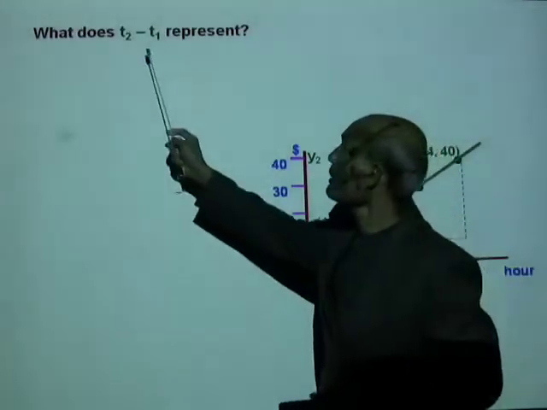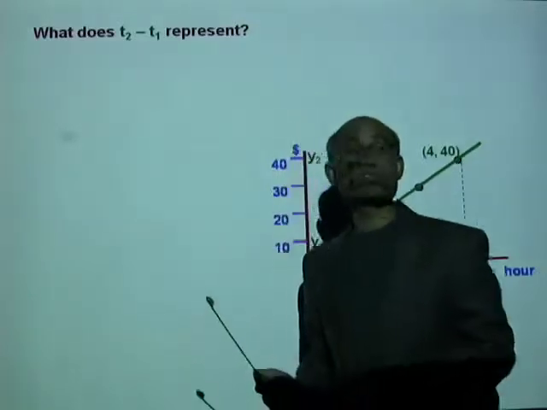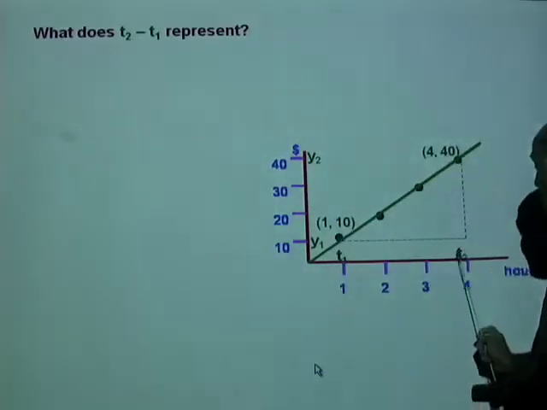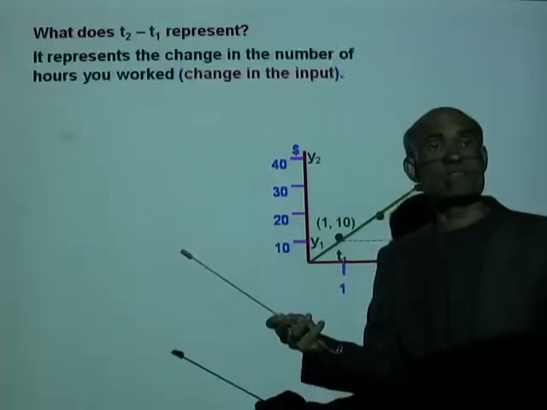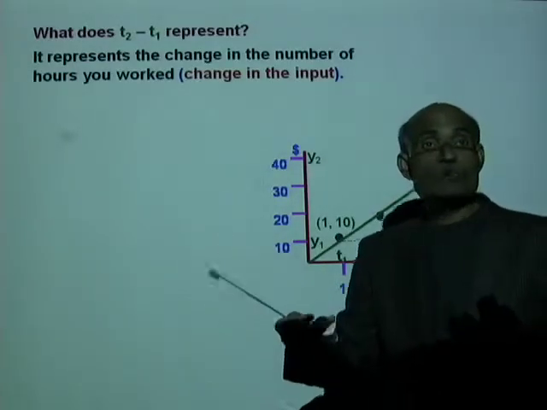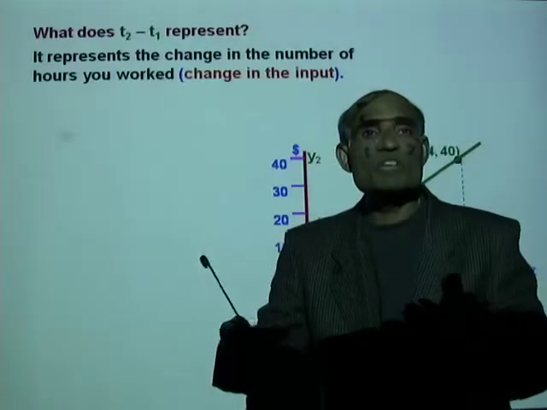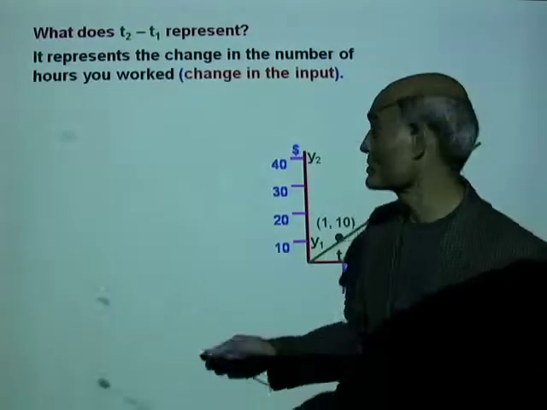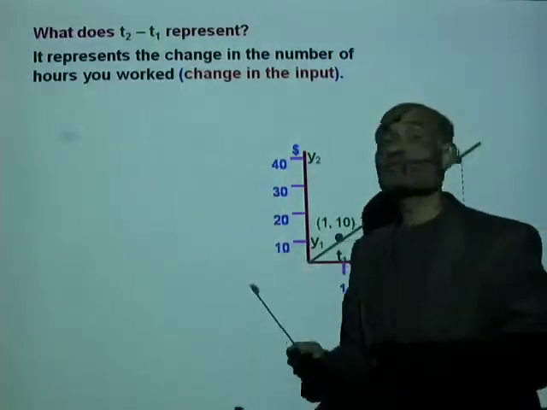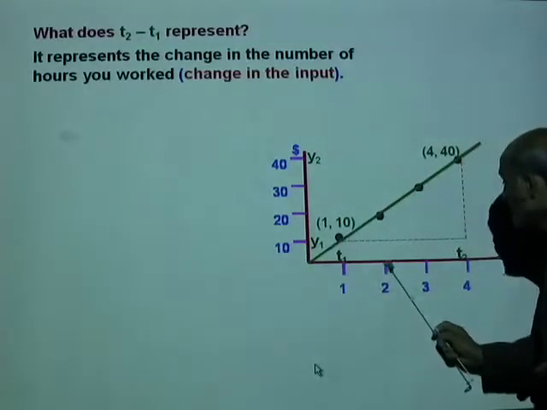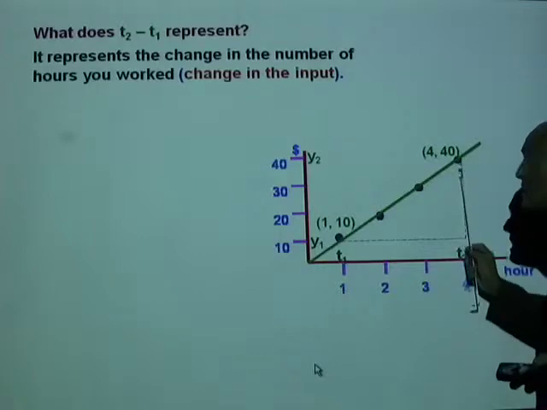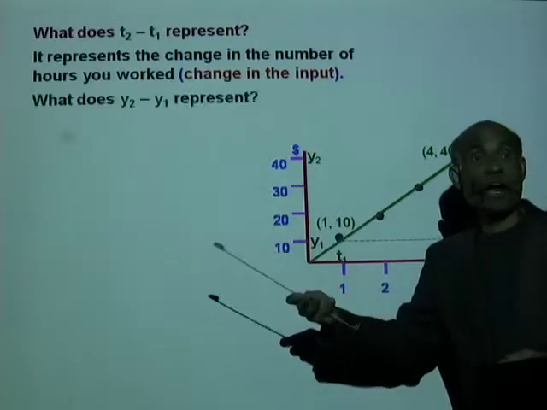Now tell me, what does this quantity t2 minus t1 represent? It actually represents the change in the number of hours you worked, or we can say it represents the change in the input. When there is a change in the input, there is a corresponding change in the output.